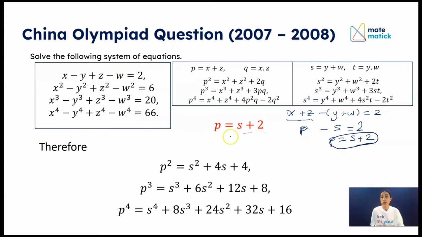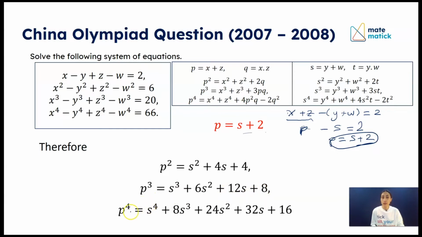What I can do is write p squared, p cubed, and p to the power of 4 in terms of s. I will just do the regular ones. So s plus 2 squared is equal to s squared plus 4s plus 4. S plus 2 cubed is equal to s cubed plus 6s squared plus 12s plus 8.